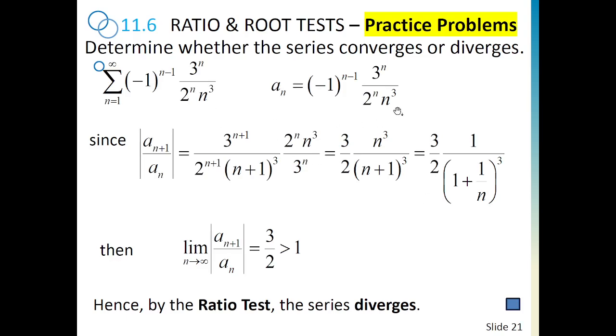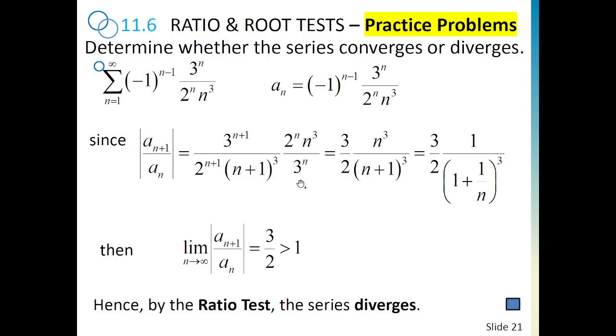Another series where we have exponentials, 3 to the power n, 2 to the power n, and a polynomial. So in this situation, when we have exponentials and polynomials, it is very wise to use the ratio test. If we have exponentials and factorials, we also use the ratio test preferentially.